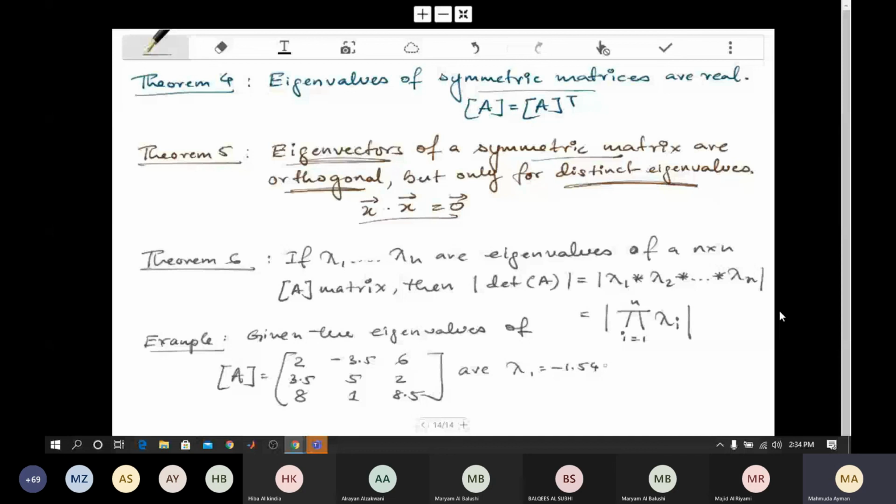Calculate the magnitude of the determinant of the matrix. So calculate the determinant of this matrix and give me the answer, everyone. What would be the magnitude of the determinant of this matrix?